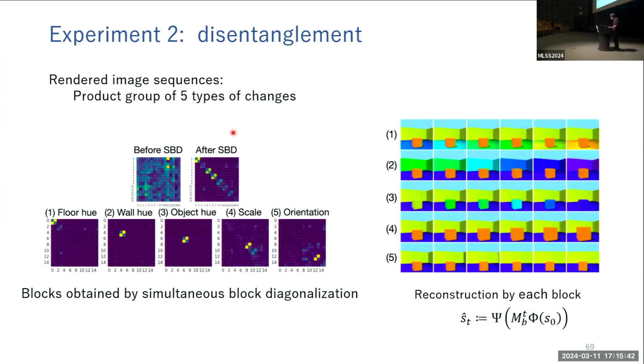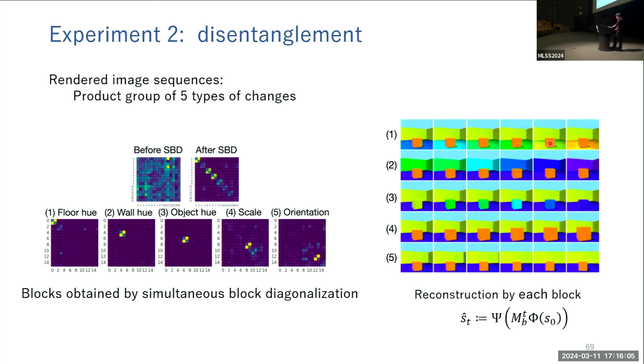One of the blocks corresponds to, for example, the floor hue. If we apply this matrix to make the sequence of latent variables and decode them, then we see that only the floor hue changes over the sequence.